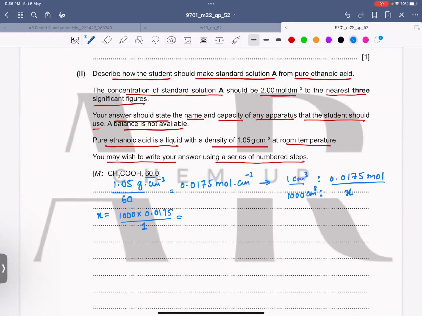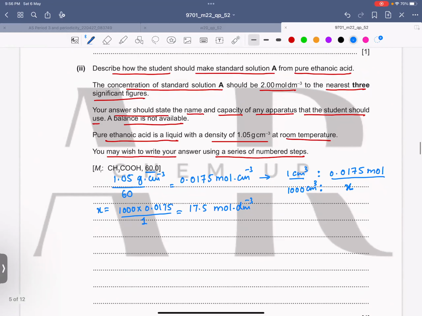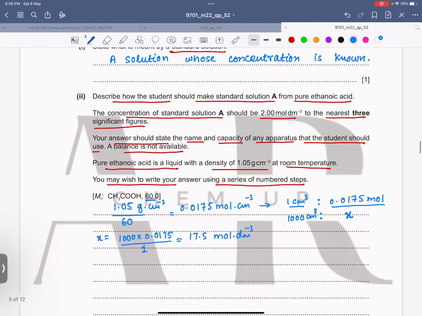Can anybody tell me the answer, please? 17.5. And now I can write the unit, mole per dm cube. Is this understandable to everyone? Yes, sir. Okay.